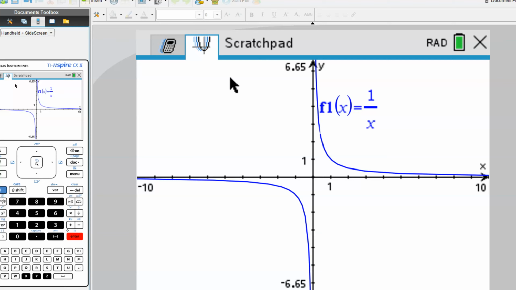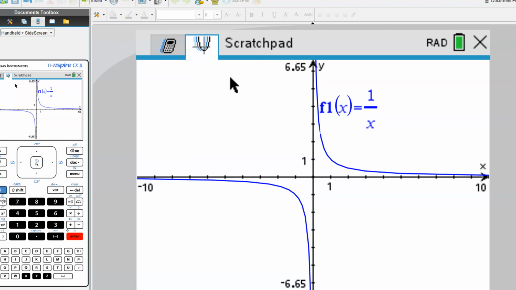So when I look at even, it's like, oh, it's the same here. The way I think about odd is literally if you rotate it 180 degrees, it's the same thing. So if you look, it's going to look the same, right? Turn your head upside down or turn your calculator upside down.